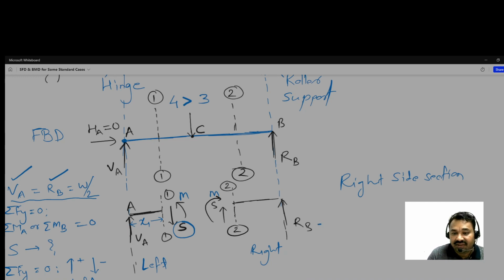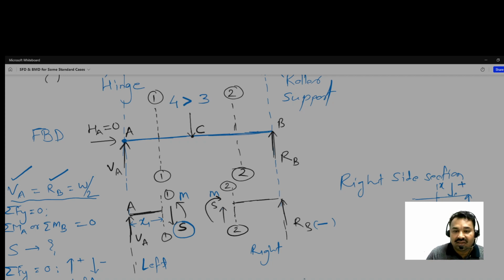Upward means negative, and here S is also acting upward, it will also follow the sign convention. Suppose this is section x, and this is left side, right side. So this we take negative, this we take positive.